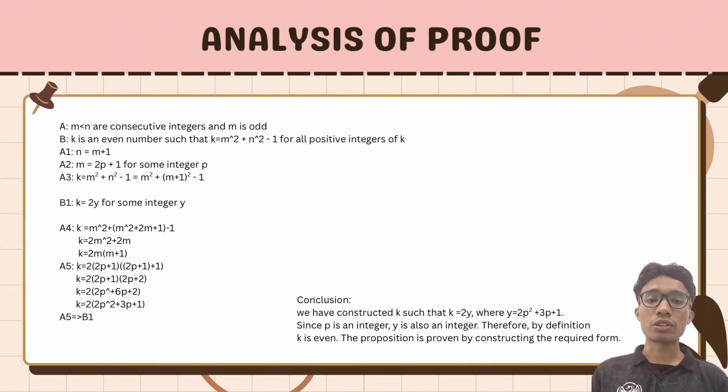Lastly, for the conclusion, we have constructed k such that k equals 2y, where y equals 2p squared plus 3p plus 1. Since p is an integer, y is also an integer. Therefore, by definition, k is even. The proposition is proven by constructing the required form.